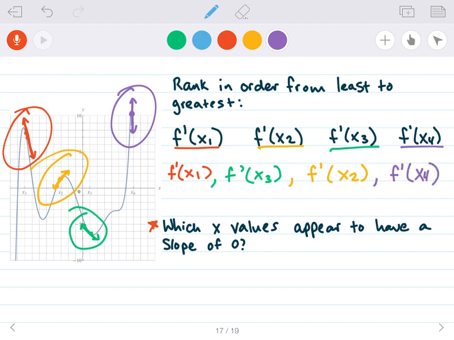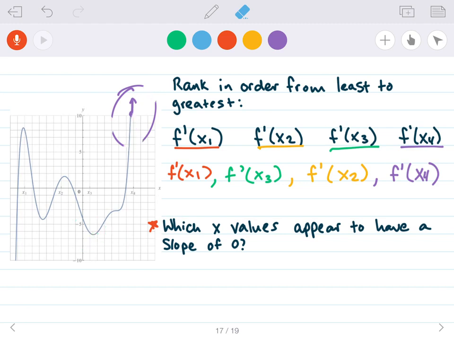Okay, and it says, which x values appear to have a slope of 0? Let's go ahead and clear this out. Well, let's see. So a slope of 0 is going to be a horizontal line, right? And so that is going to happen sort of at these peaks.